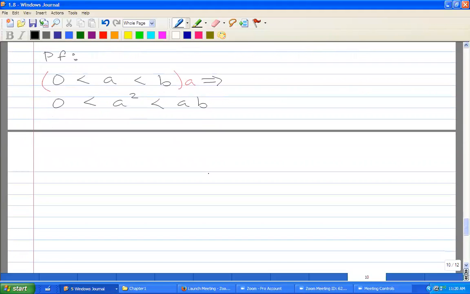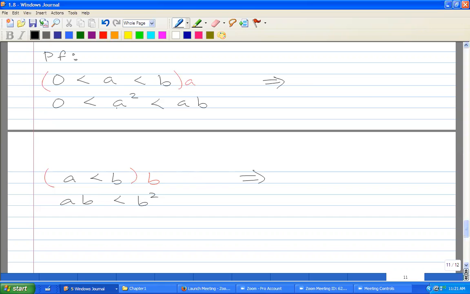I also have, since B is greater than 0, I can multiply each of these by B. Since A is less than B, let's multiply by B. So then I have AB is less than B squared, since B here is also positive.